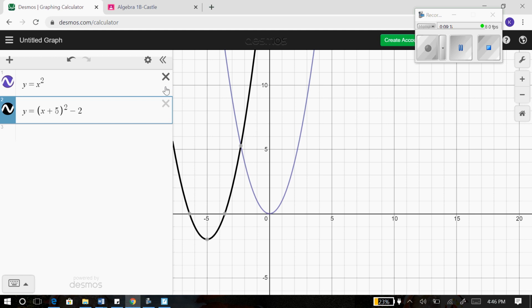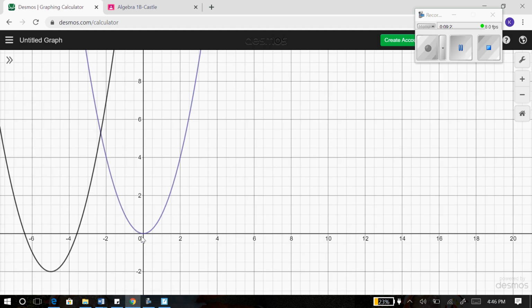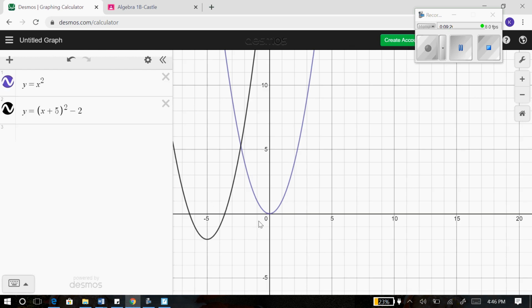So this graph, I'm going to just push this to the side for a little bit so we can see. Moved 1, 2, 3, 4, 5 units to the left. That's your left. And it went down 1, 2. So how do I get from turning point to turning point? I went left 1, 2, 3, 4, 5 units and down 2.